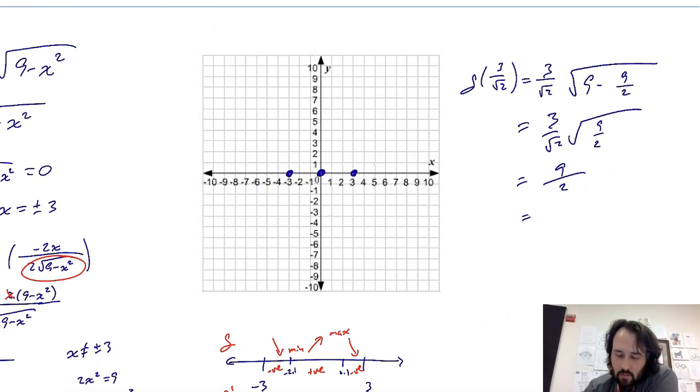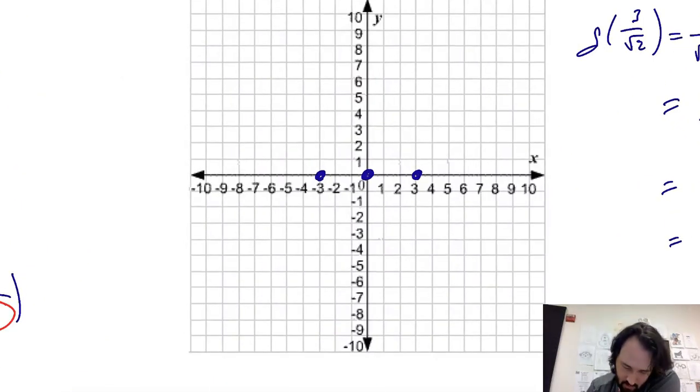Right, because root 9 is 3, so 3 times 3 is 9. Root 2 times root 2 is just 2. So that's pretty much 4.5. So that's a nice number. All right, so I have negative 2.1 and 4.5. So somewhere right about there.